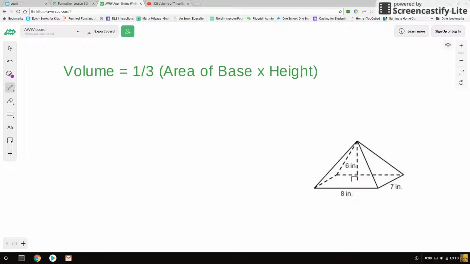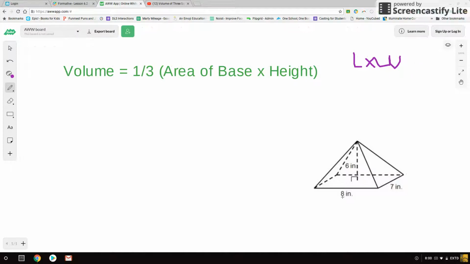So if we take this formula, let's start figuring this out. The first thing we have to do is find the area of the base. And we know to find the area of a rectangle, I can see that it is a rectangle base down here, the area of a rectangle is length times width.